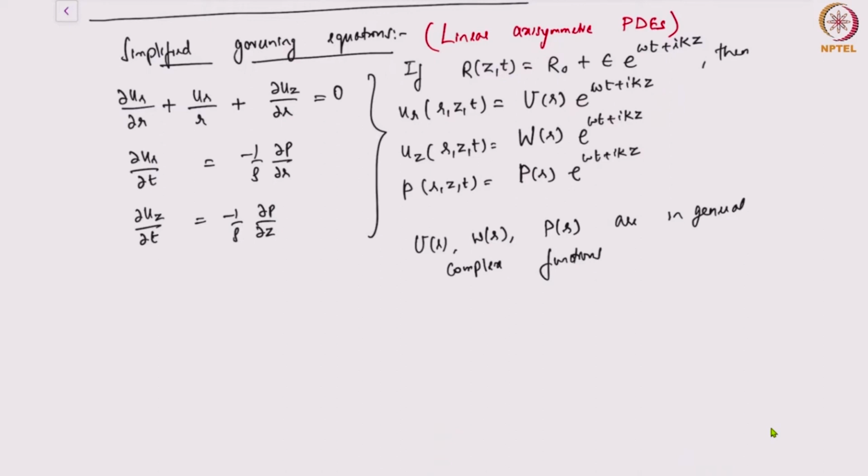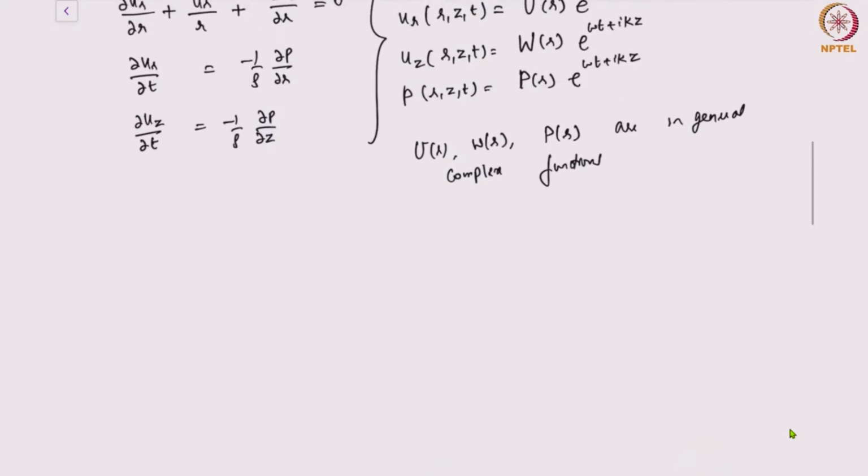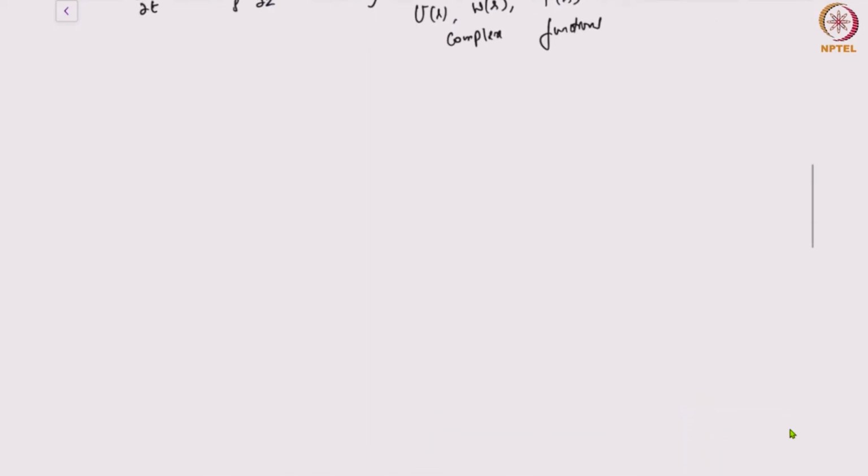Why do I need to worry about the phase information? We will look at the velocity field inside this perturbation, and this will tell us about the phase relationships between these amplitudes u, w and p.